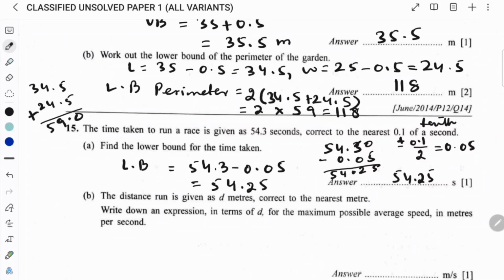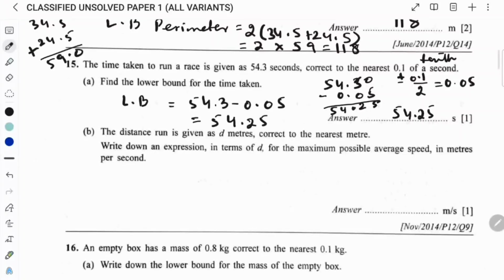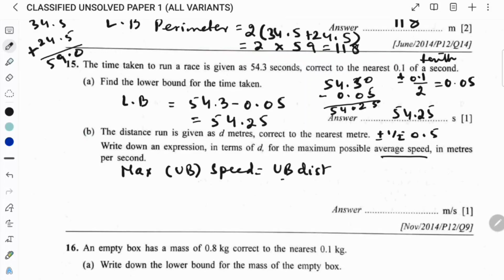Part B: the distance run is d meters, correct to the nearest meter. Nearest means plus or minus 1 upon 2, which is 0.5. Write down the expression in terms of d for the maximum possible average speed. You know the maximum means the upper bound of the speed. Speed is distance upon time, so it is a division question. For the maximum, take the upper bound of distance upon the lower bound of time.